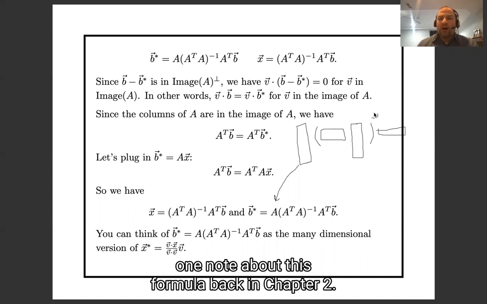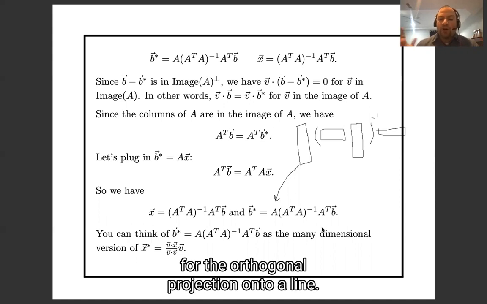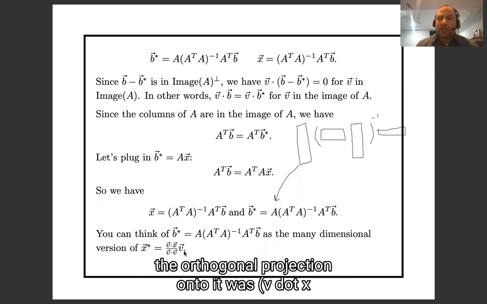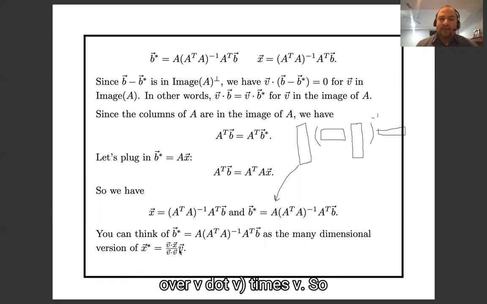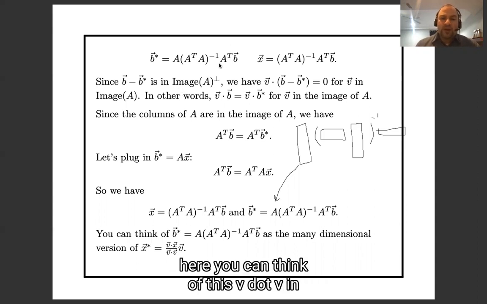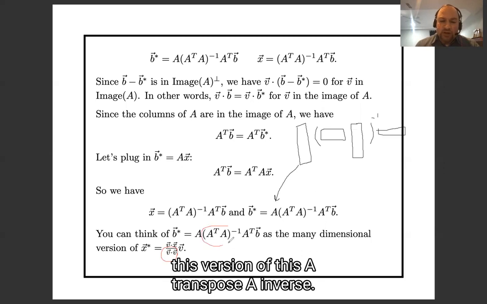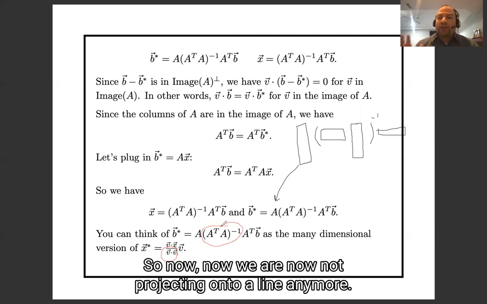One note about this formula: back in chapter 2, we had the formula for the orthogonal projection onto a line. If you had a line spanned by v, the orthogonal projection onto it was (v dot x over v dot v) times v. So here you can think of this v dot v in the denominator as being this version, A transpose A inverse. So now we are not projecting onto a line anymore.